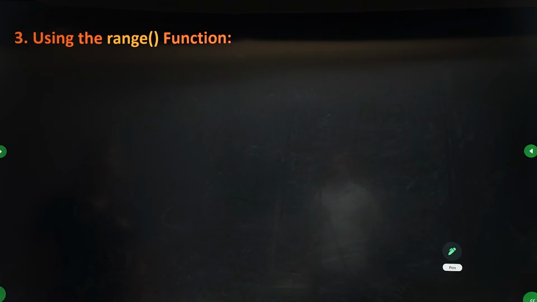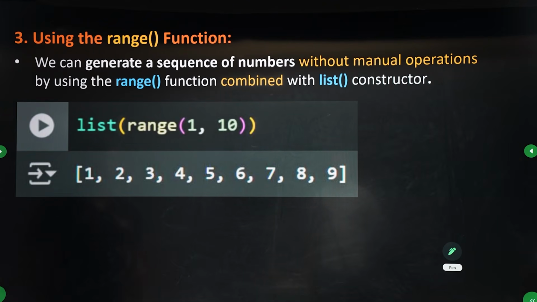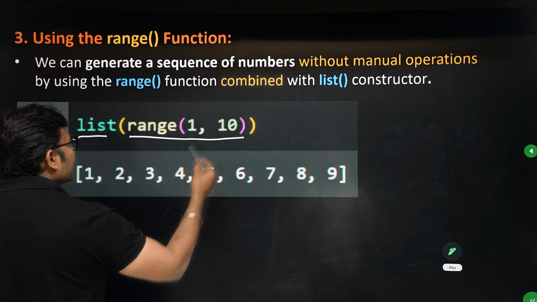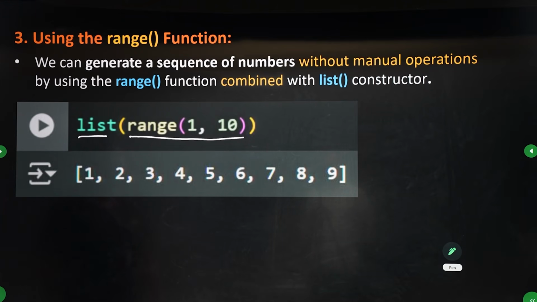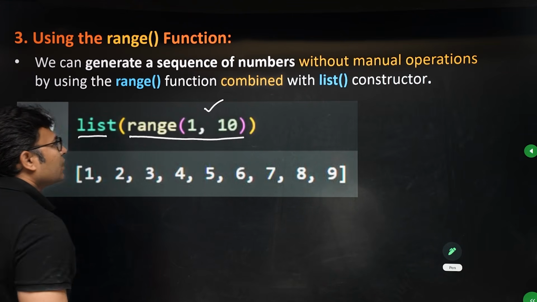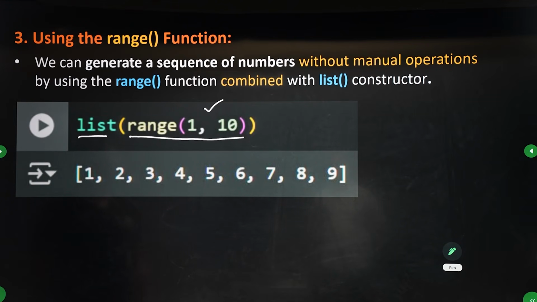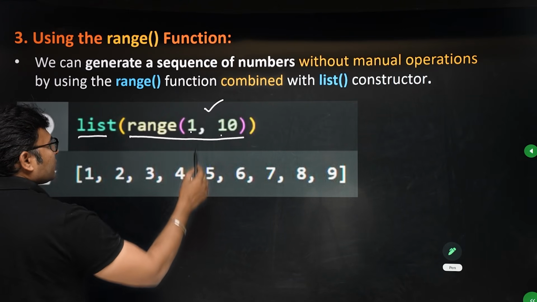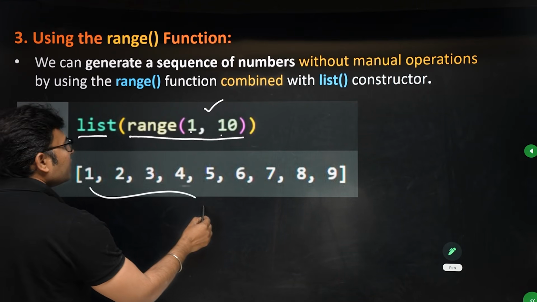Fine. Now the range function. If I use the range function within the list function, then it will create a list. For example, in this case, list of range 1 to 10 is given. Then what will happen? Range will generate numbers from 1 to 9, and all those numbers will be in the list.